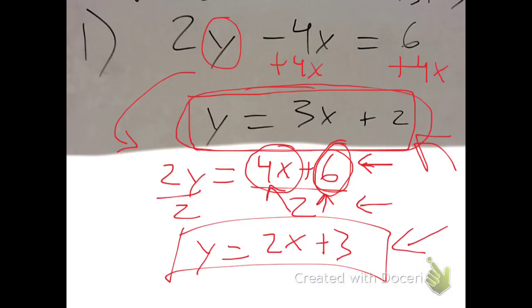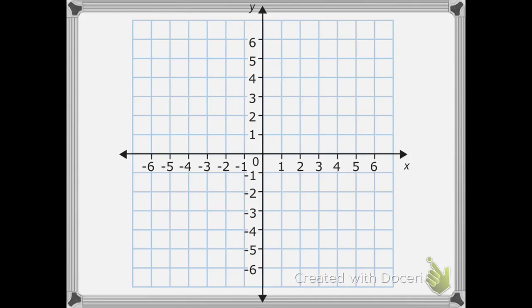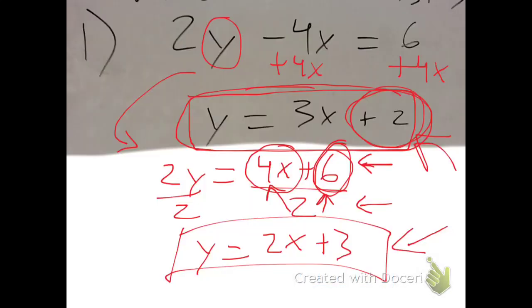As a reminder, let's start with this one here, y equals 3x plus 2. This plus 2 tells us the spot where our graph crosses the y-axis, and it crosses right here at positive 2. So there's going to be our first dot. I don't know what methods you guys have used previously to graph things, but one that I use if I have my slope already is I look at that slope and realize it's 3 over 1, so my rise will be 3 and the run will be 1.